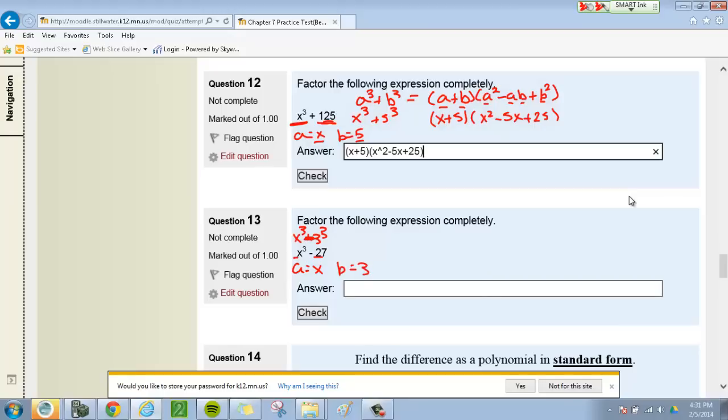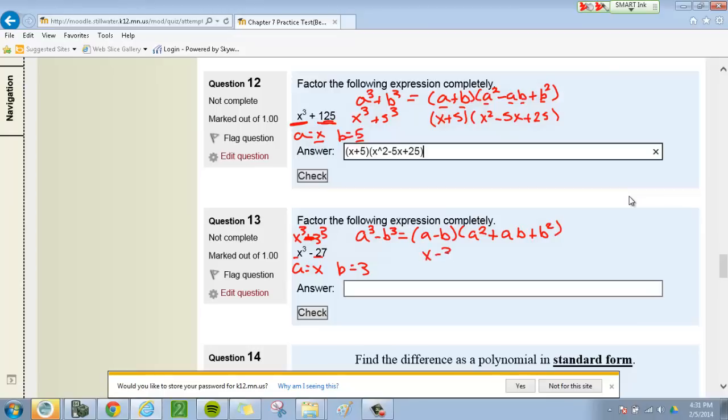Now this formula is a little bit different. This is a to the third minus b to the third formula. So this is equal to a minus b times a squared plus ab plus b squared. That's a little bit different this time. This was minus, now we have plus. Okay, so let's write this.